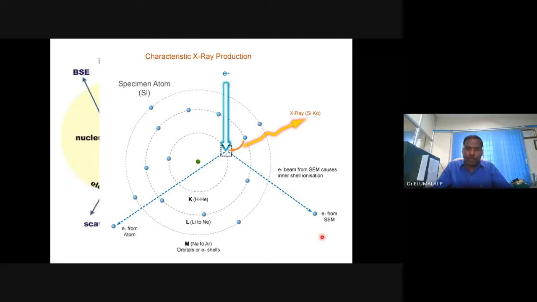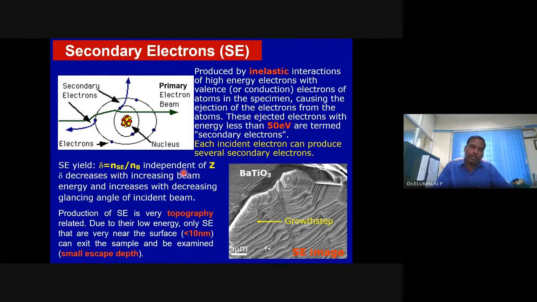But what is important is you note the intensity of these scattered electrons and the backscattered electron intensities, and you will be able to map the surfaces.